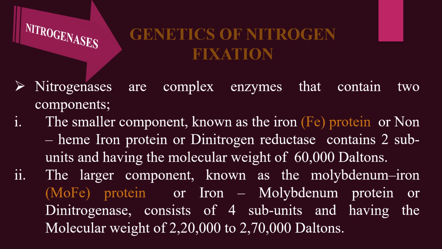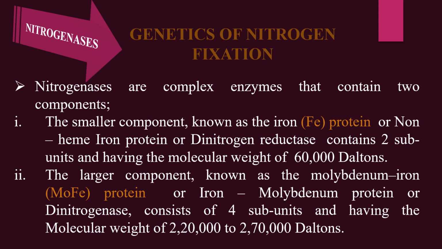After a small introduction, now let's see what are all the genes and enzymes that are involved in nitrogen fixation. Nitrogenases. Nitrogenases are complex enzymes that contain two components, namely iron protein and molybdenum iron protein.